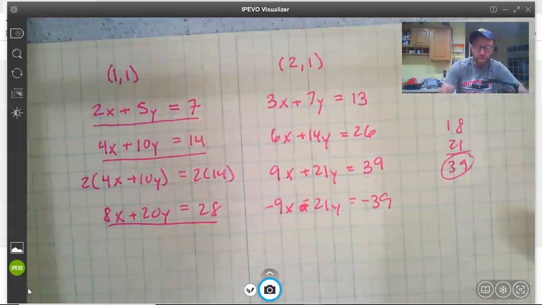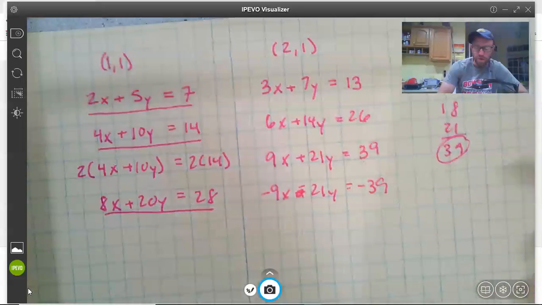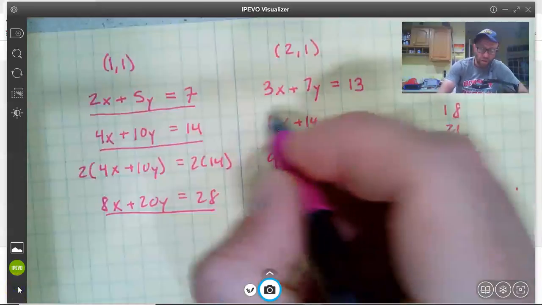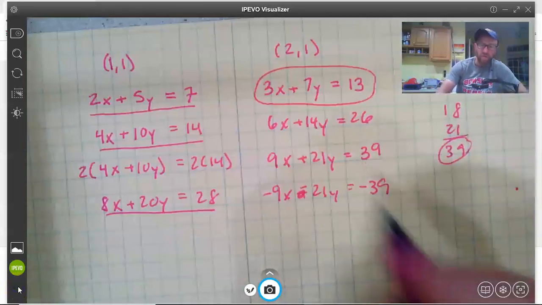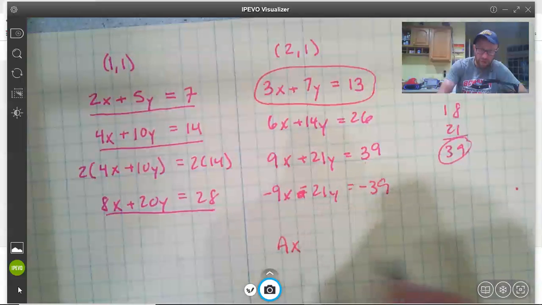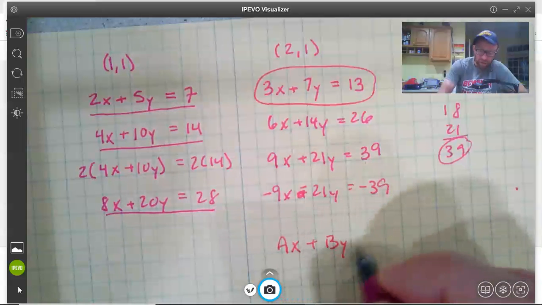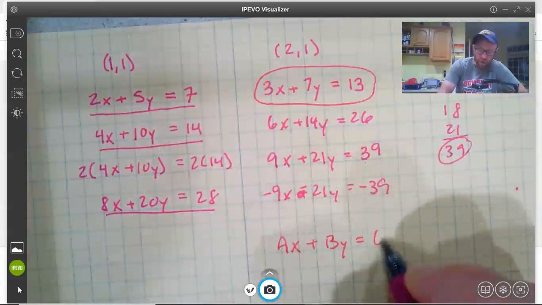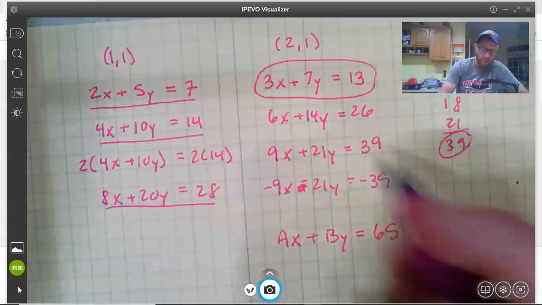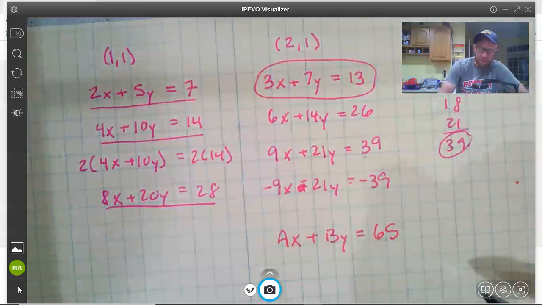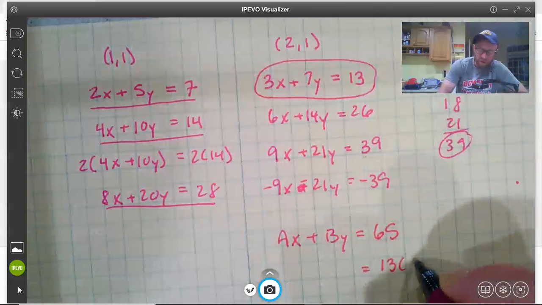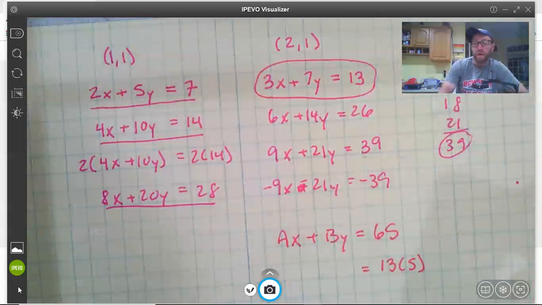So if I want to figure out, is there an equation that fits this pattern that has this same set of solutions, that's ax plus by equals, say, 65. Well, okay, so from 13 to 65, 65 is 13 times 5.